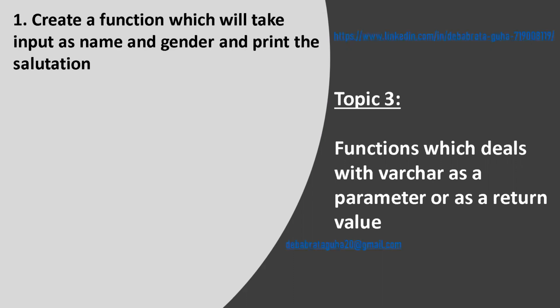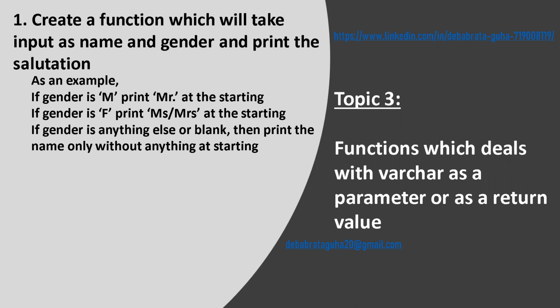Suppose someone is asking to create a function which will input name and gender and print the salutation. Means suppose the gender is M, it will be called like Mr. something. If the gender is F, it will say like Miss or Mrs. something. If gender is blank or anything else, it will just print the name straightforward.